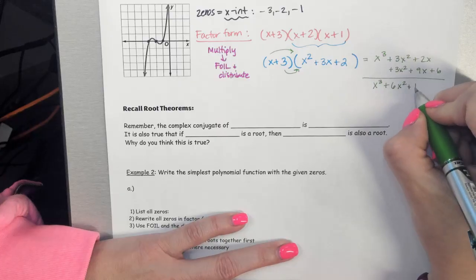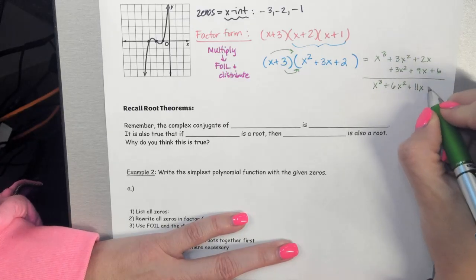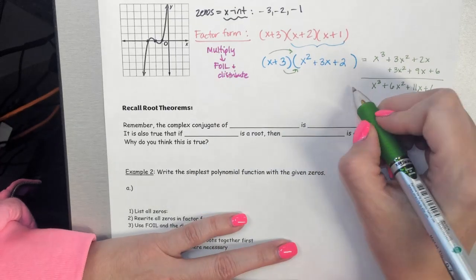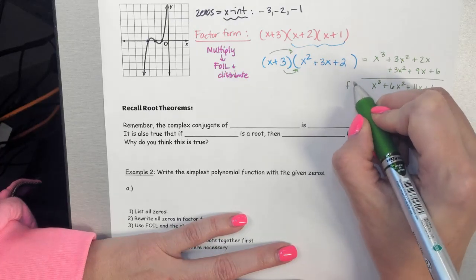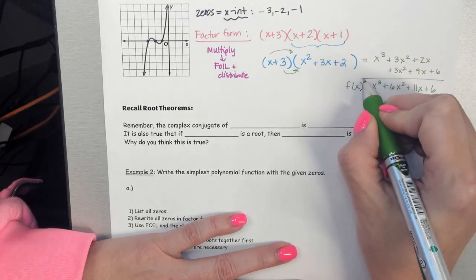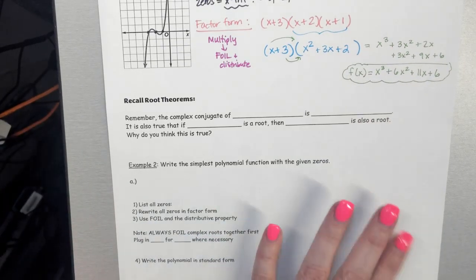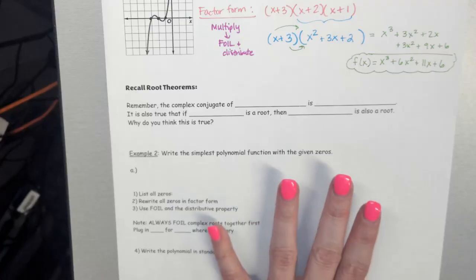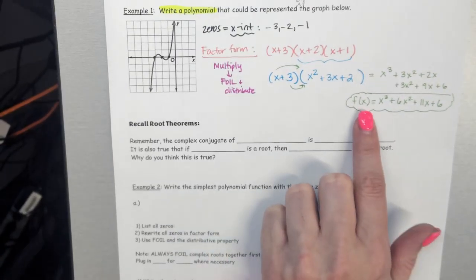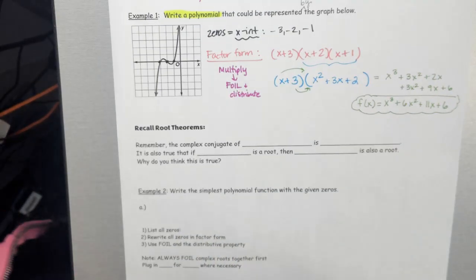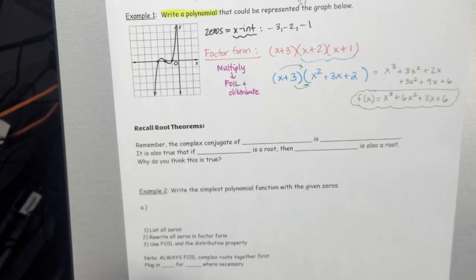When you combine your like terms, remember the variable stays the same, it's just your coefficients. And then we are just going to call the polynomial f of x, call it p of x. Okay, f of x, y, p of x, all of those are great.